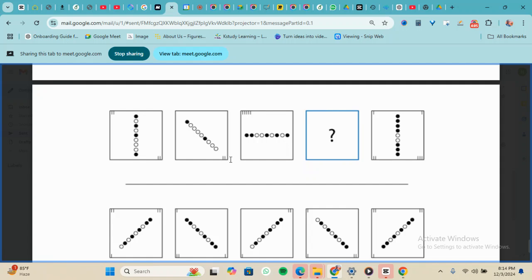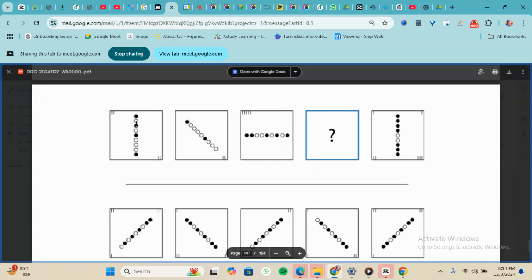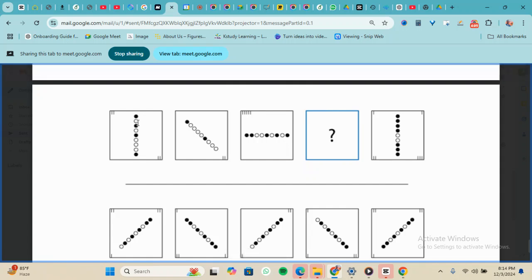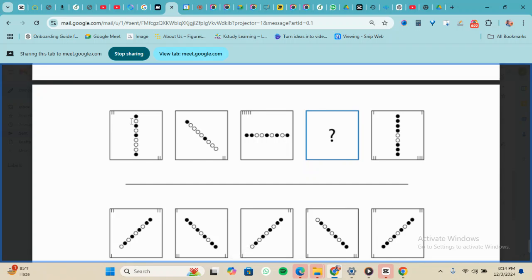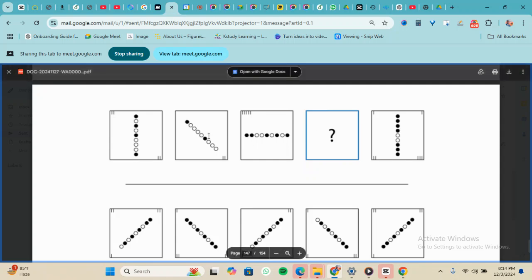So I don't know whether there is a rotation, probably counterclockwise, at an angle of 45 degrees. If I rotate these straight small circles in an anti-clockwise direction by 45 degrees, I'm going to have this shape, which is correct.